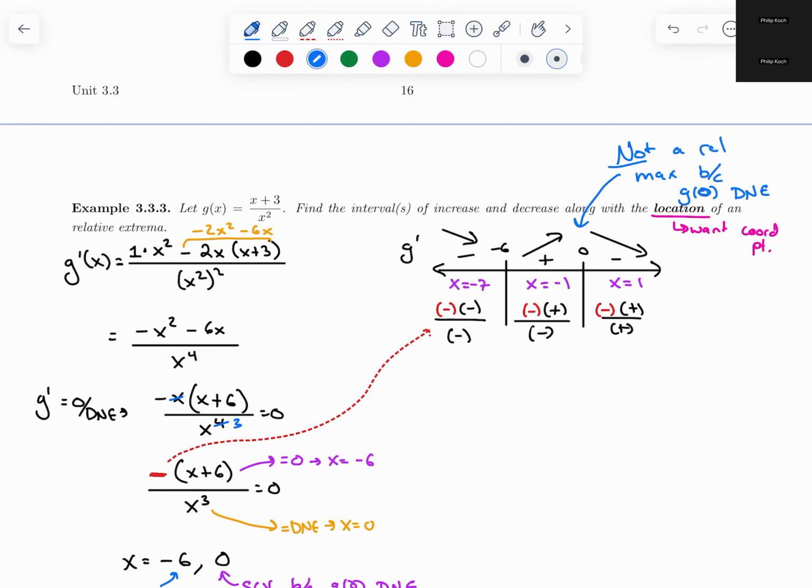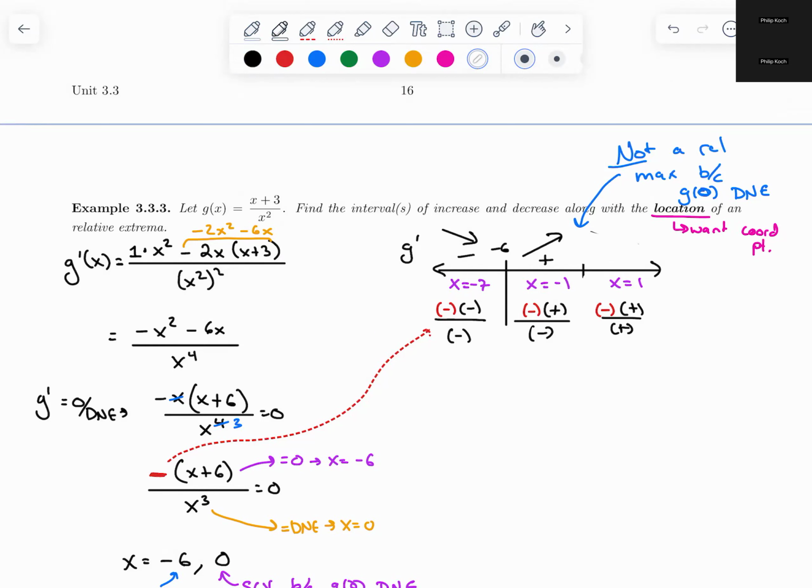But notice, the reason why I talked about semi-critical values is they play a role in the sign chart. If we ignored the 0, we would think that this function was decreasing from -infinity to -6 and increasing from -6 to positive infinity.